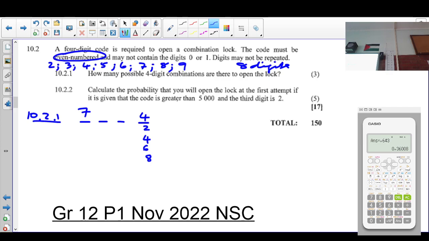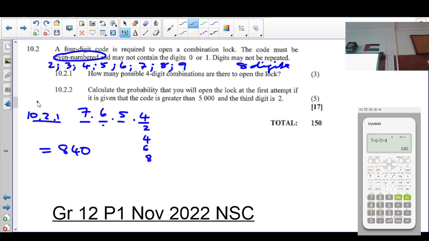For the second one, you have 6, then 5. So it's going to be 7 times 6 times 5 times 4, which gives you 840 possible codes. Okay, you guys understand?